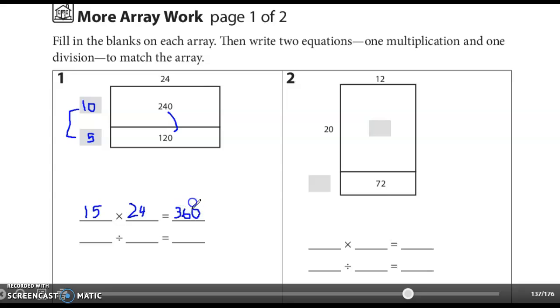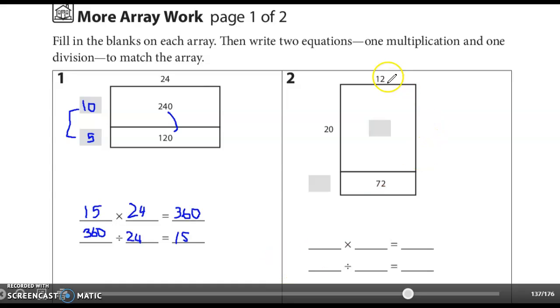Now for your division equation, you're going to take 360 and you're going to divide it by 24 and you're going to get 15. However, if you also said 360 divided by 15 equals 24, that is also correct.